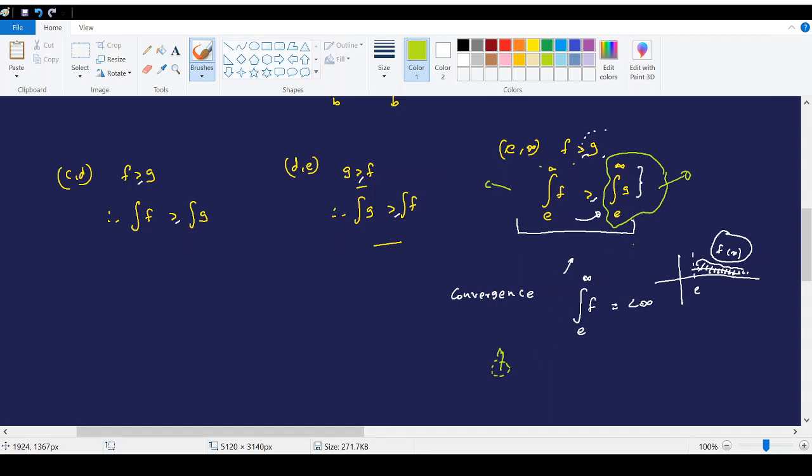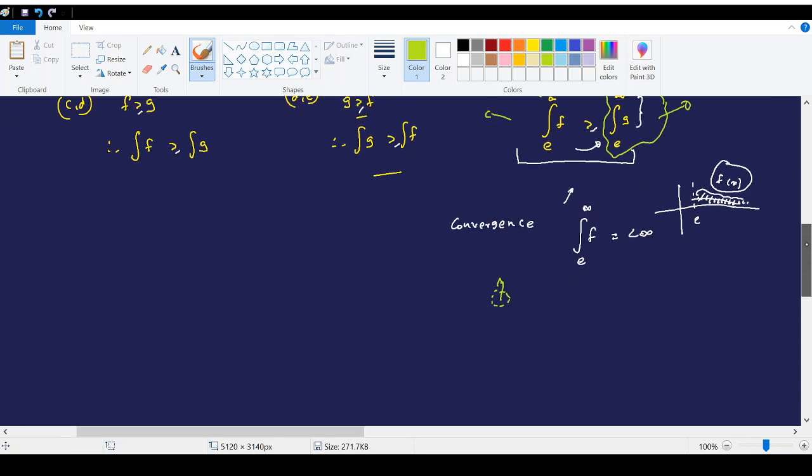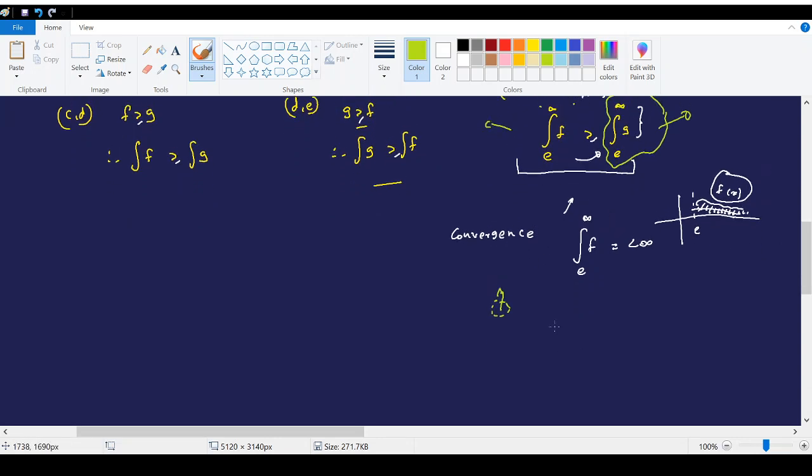But it will not work in the opposite direction. If the larger function diverges, that means if the larger function has an infinite area, we cannot say anything about the smaller function. If this larger function has an infinite area, there can be a smaller function with a finite area, and also there can be a smaller function with an infinite area as well.